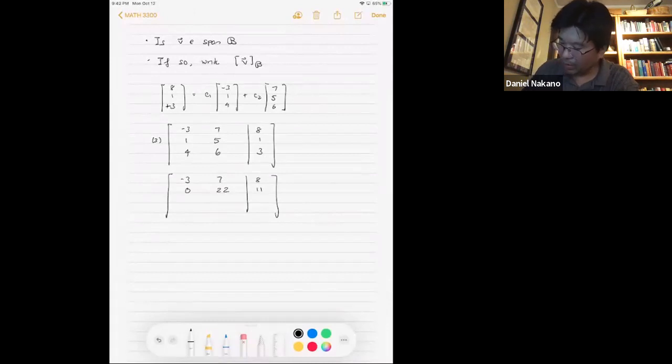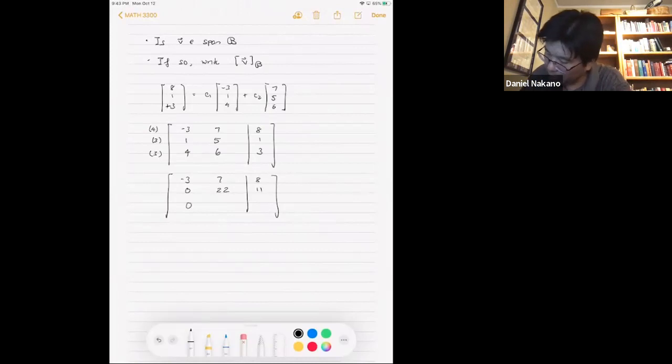Okay? And then what we want to do is eliminate the 4 here. So I guess we'll use the top one again. So we multiply 4 times the first row and 3 times the third row, and then add them and put the result in the third row.